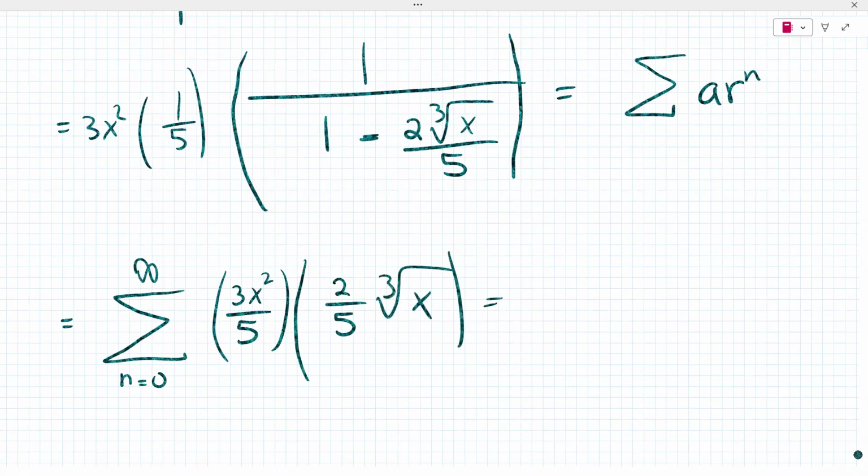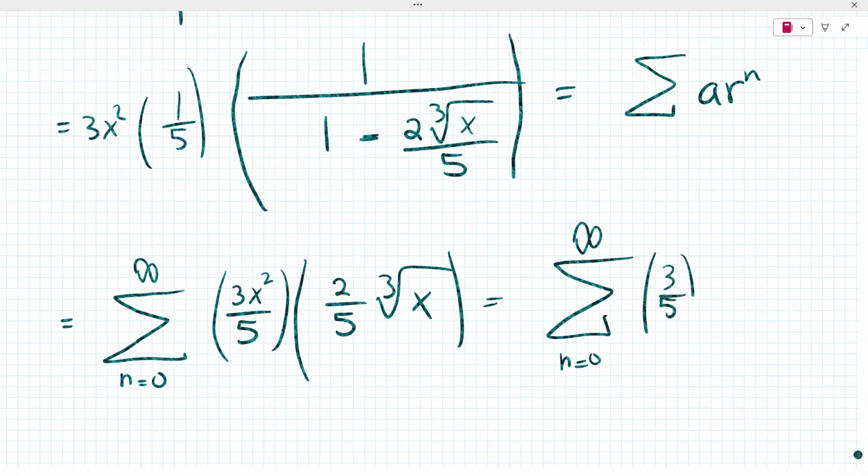And then that could be expressed as the summation n equals 0 to infinity, 3x squared over 5, times 2/5 cube root of x raised to the n.